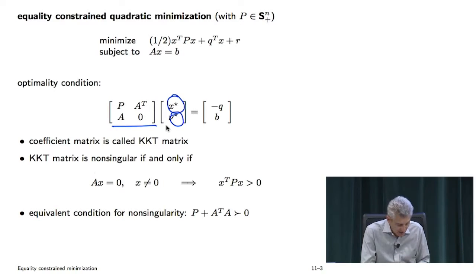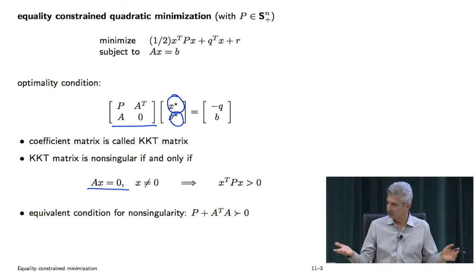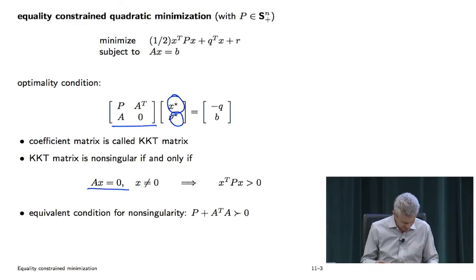For example, it's non-singular if and only if P is positive definite on the null space of A. So P has to have positive curvature on the feasible set. That wasn't quite right, but that's the spirit. So that's a set of linear equations.